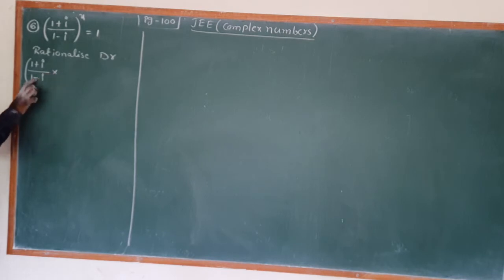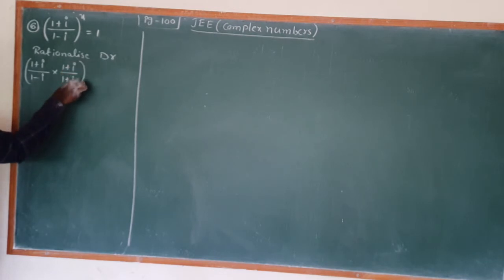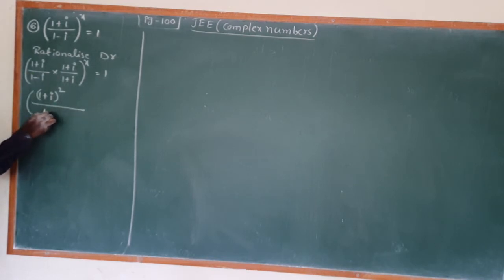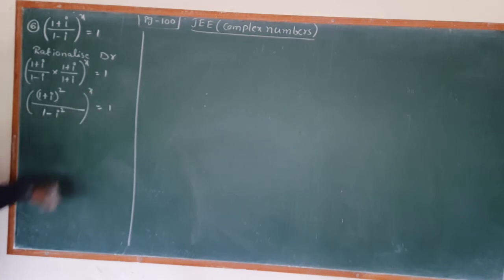Here what is the symbol? Minus. In place of minus you can put a plus, multiply and divide. That is called rationalization. Now a plus b into a plus b, I can write a plus b whole square. A plus b into a minus b, a square minus b square, whole power x equals to 1.